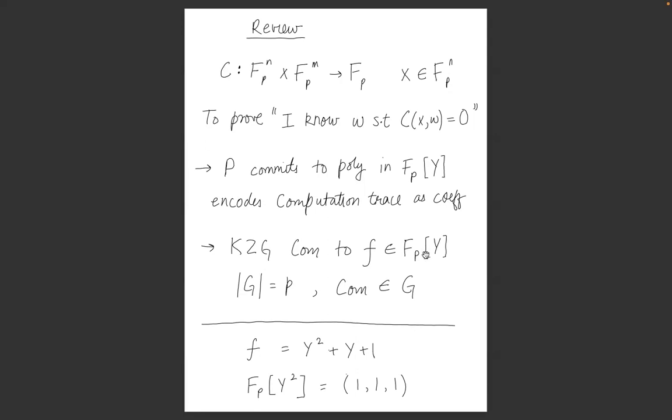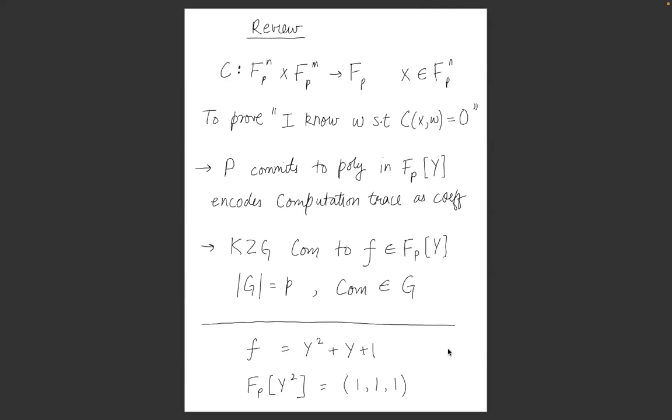Yeah, it's a univariate polynomial, and y is the variable. A simple example: suppose we have the polynomial y squared plus y plus one, then the representation in the field would be just the coefficients of this polynomial, which will be 1, 1, and 1.